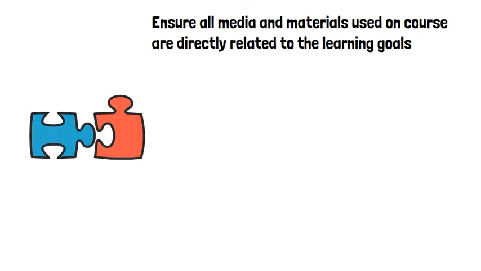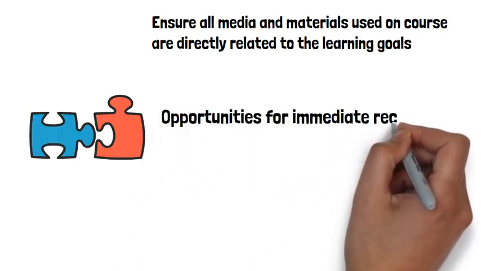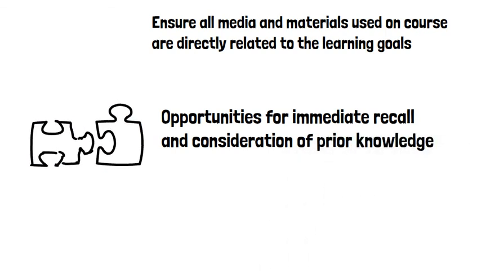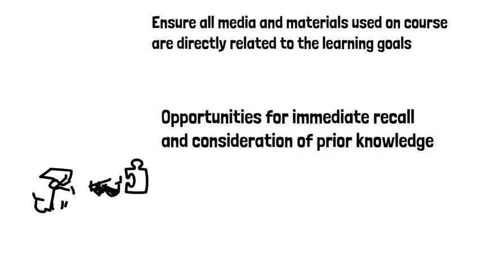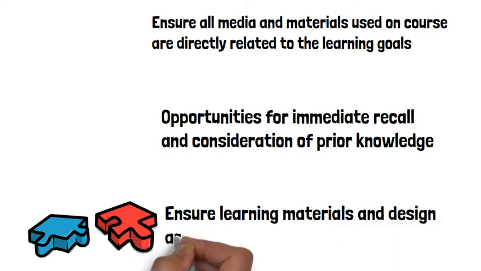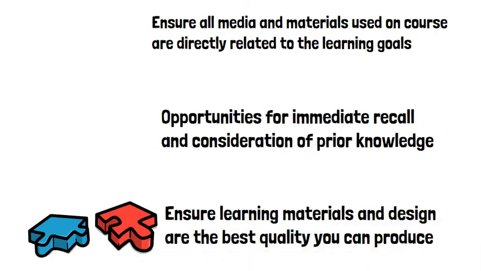Provide opportunities for immediate recall and also opportunities to integrate prior learning and knowledge with this current information. Finally, ensure that your learning materials are the best quality that you can produce.